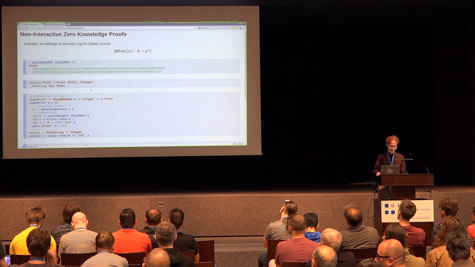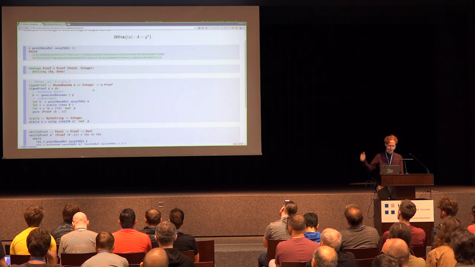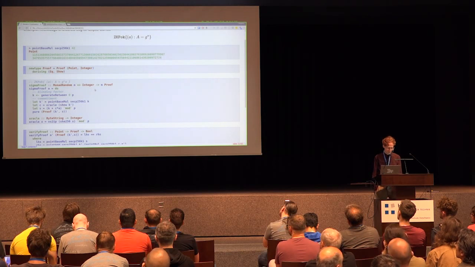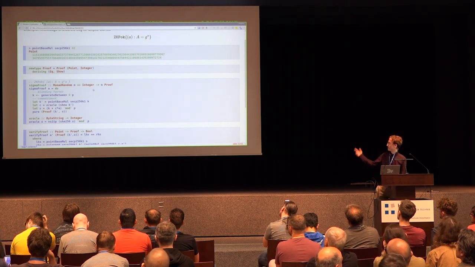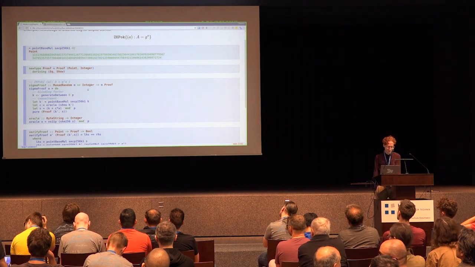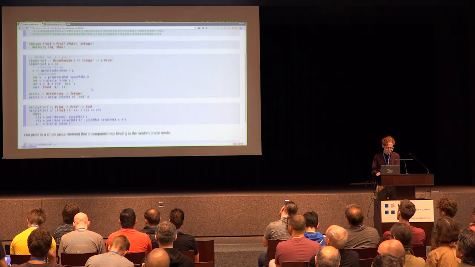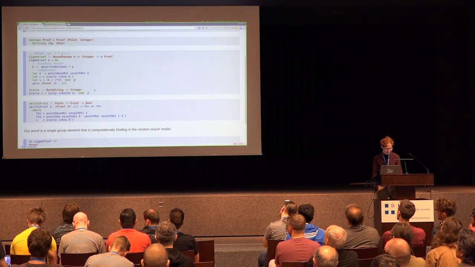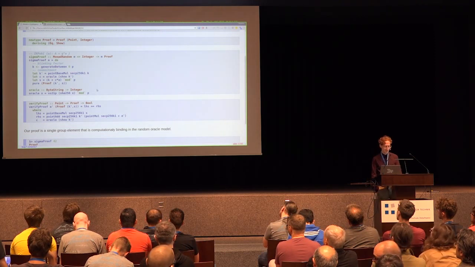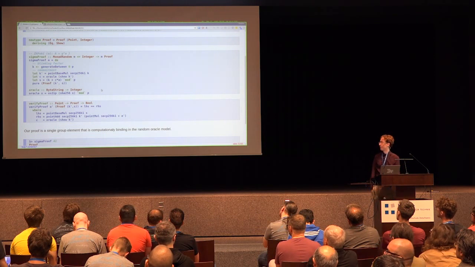And the sigma proof, or the zero-knowledge proof, that Alice and Bob are going to exchange in the non-interactive form is about 10 lines of Haskell. But the most important thing here is that the secret value a is not actually shared over the network.